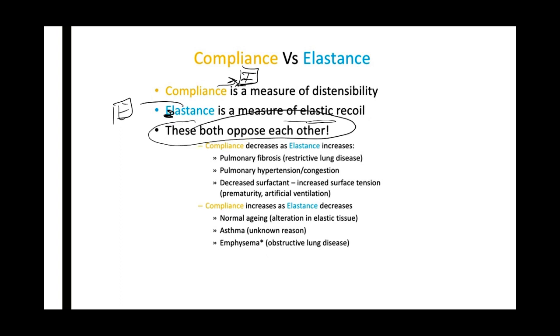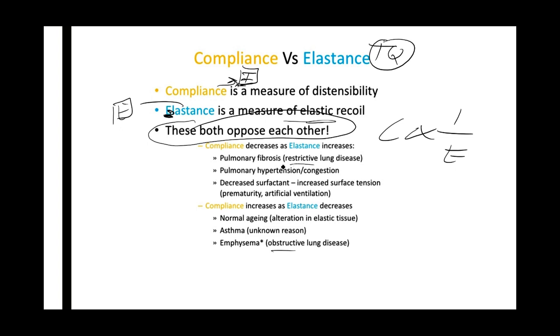This is really important, and these concepts are really high yield. They're kind of opposites of each other. They're inversely proportional. And I probably will ask some sort of test question on the effects of either obstructive or restrictive lung disease on compliance or elastance, because you'll see those types of questions again.